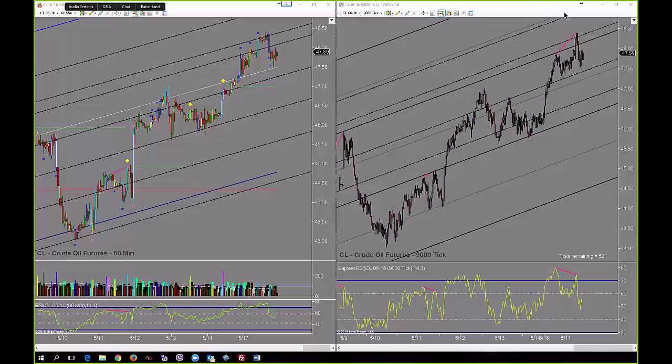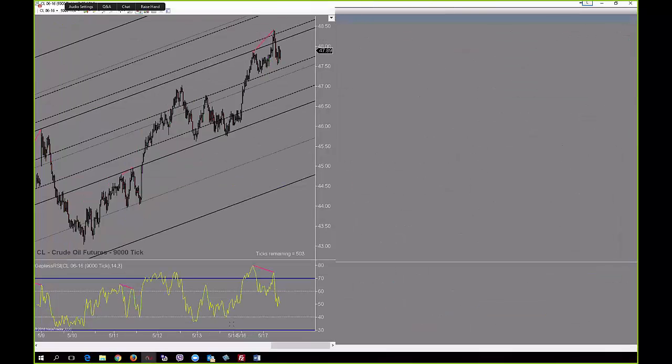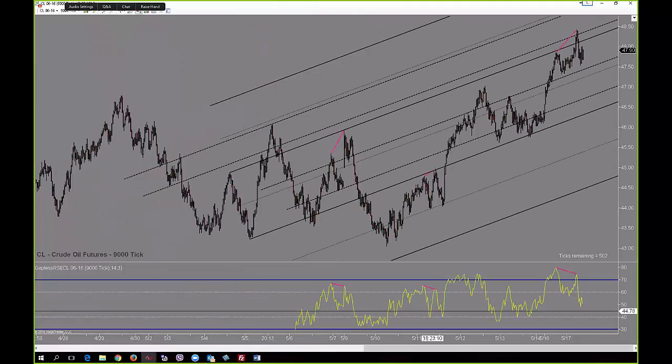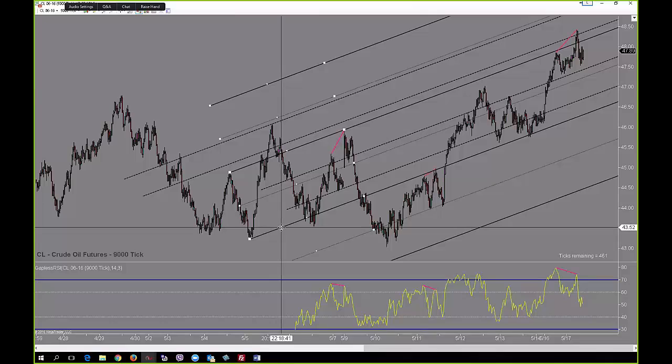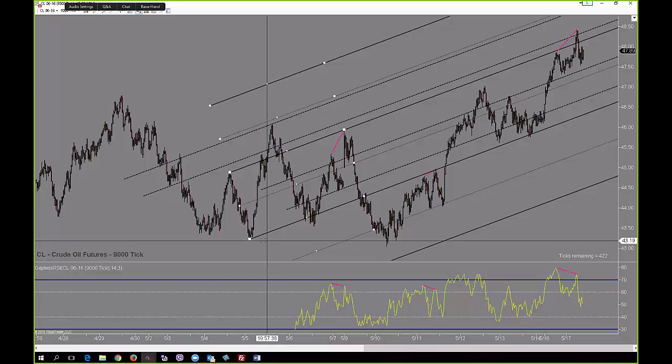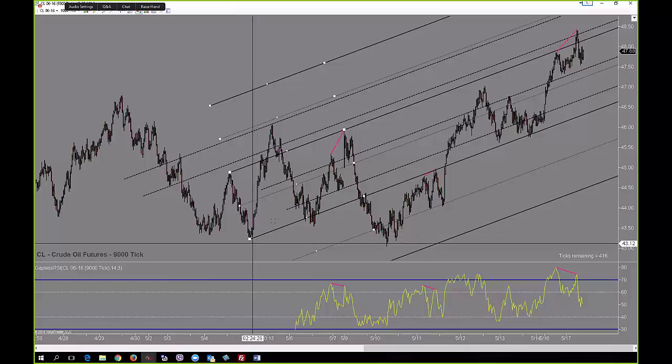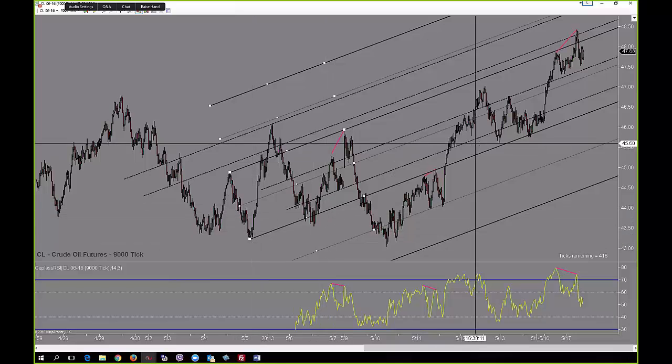So what I did with this particular chart here, the 9,000 tick chart, is I drew a trend channel. Now, normally in an upslope, I would draw it from swing low to another swing low, etc., to try and give me the geometry that I'd be after.